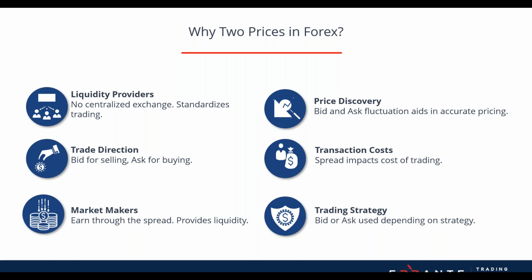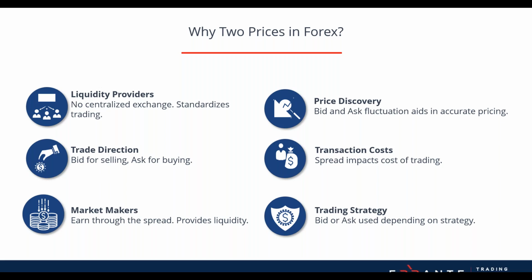Let me repeat it again, as it's an important building block in trading. The bid is the price at which you can sell a currency pair, or more specifically, the highest price that a buyer is willing to pay. And on the other side of the coin, the ask is the price at which you can buy, representing the lowest price a seller is willing to accept.